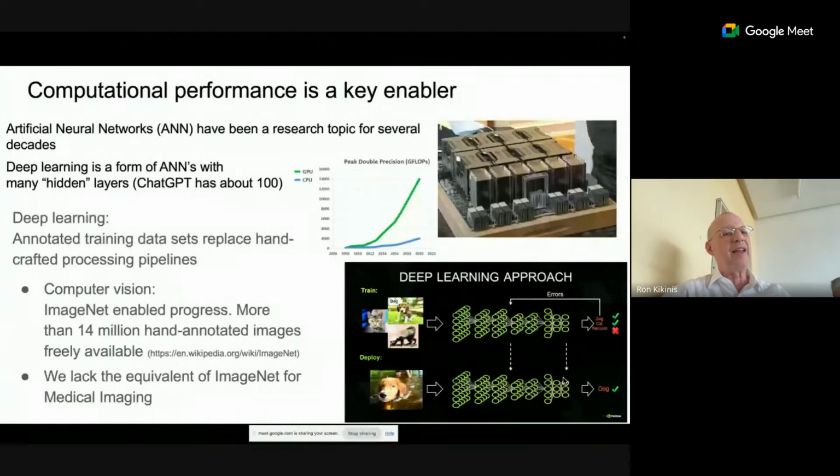So in the last decade, we've seen people taking up AI again and moving to ANNs, artificial neural networks, with more and more hidden layers. For example, ChatGPT has over 100 hidden layers, and GPT-4 is more like 120 layers.